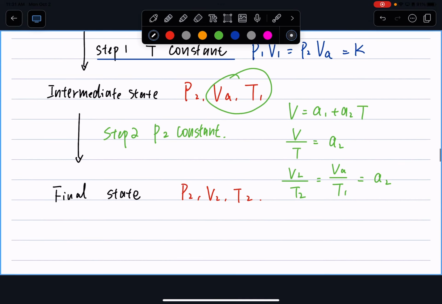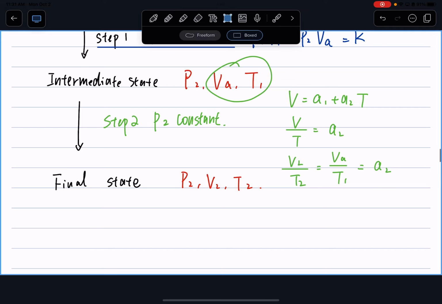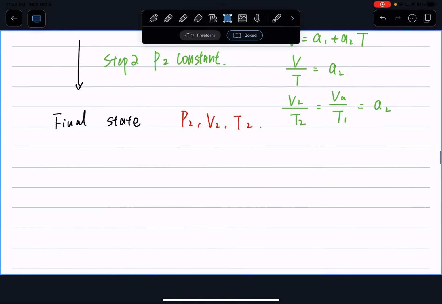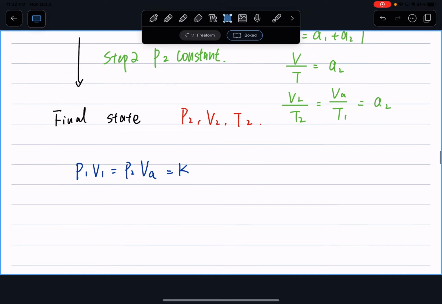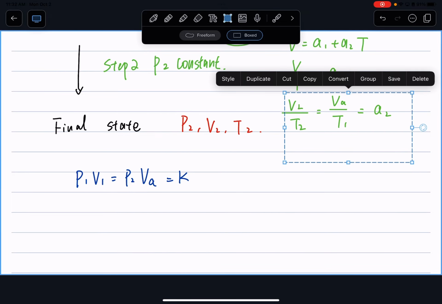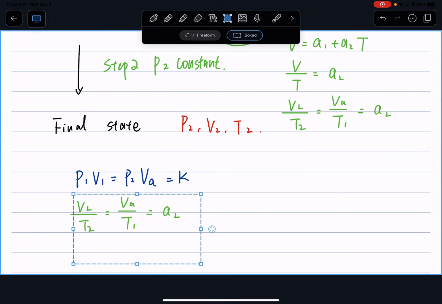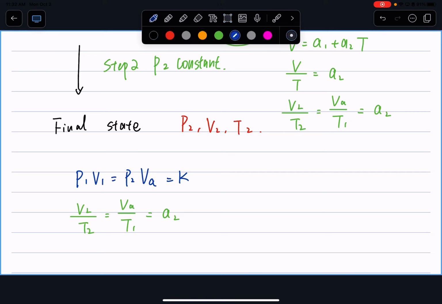Or taking together the two relationships we have is P1 V1 equals to P2 VA, gives you constant K. And here we have V2 over T2 equals to VA over T1 equals to some constant A2. And moving the terms around, what we end up having is VA equals to P1 V1 divided by P2.